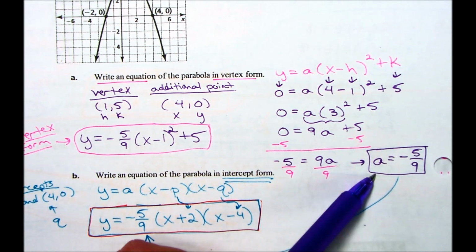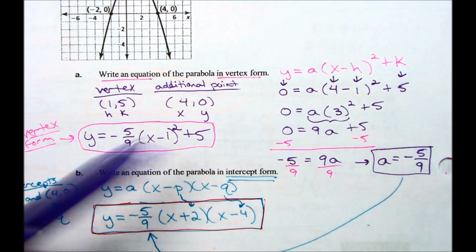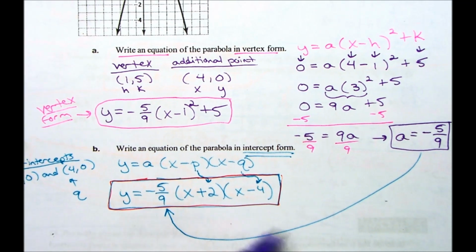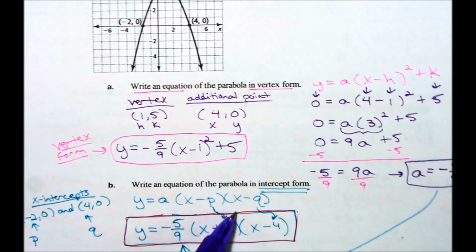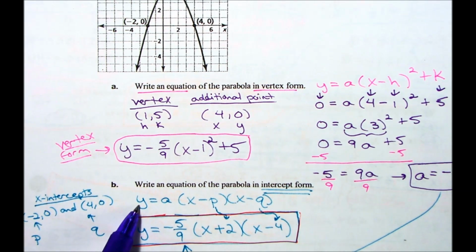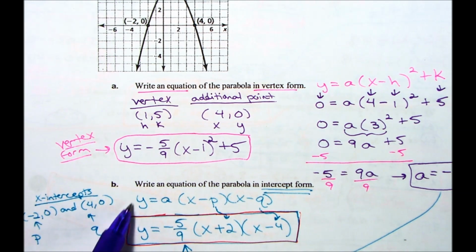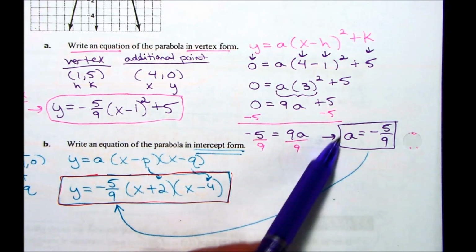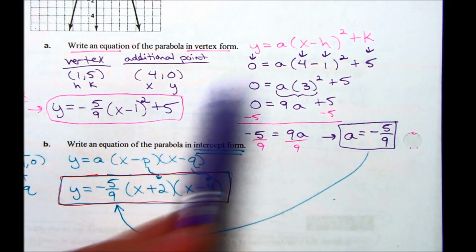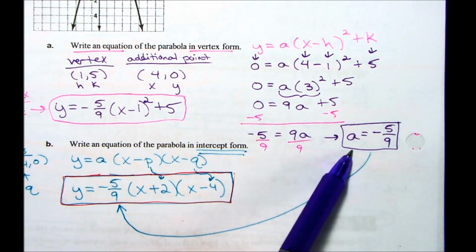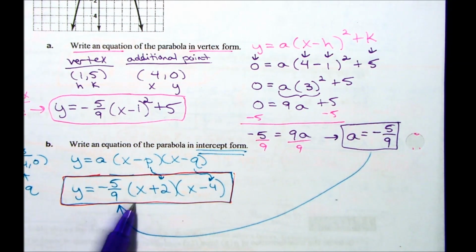Now, if you didn't already find a in the previous problem, you would have to substitute the x and y coordinate from an additional point to find a. But since we already found the a value in the other step, I'm just going to use that a value and plug it in.